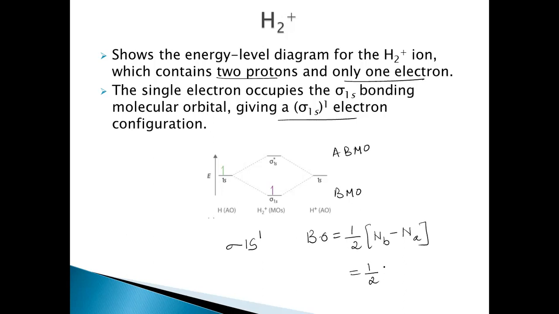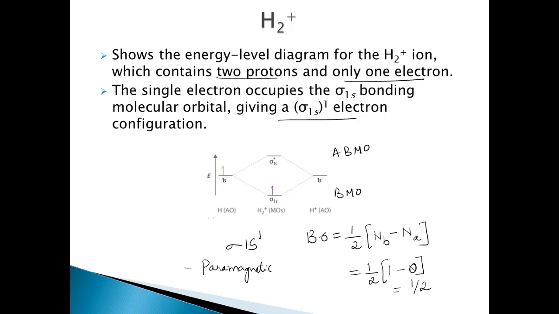So half into 1, with 0 electrons in the antibonding orbital, is half. So it's a fractional bond order of half. Since there is one unpaired electron, it is paramagnetic in nature. This is how you explain the bond order and paramagnetism of the H2 plus molecule.